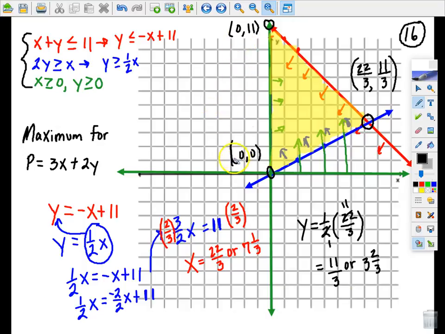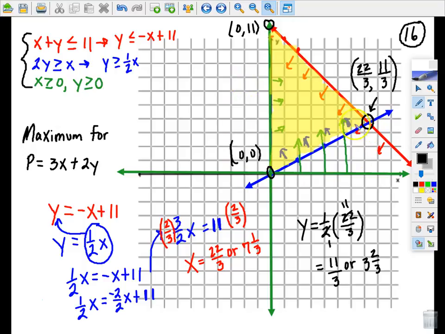You're going to test all 3 of these vertices in this profit function, just like we did previously. The x in for x, y in for y, and you're asked to find the maximum. I'll just go ahead and tell you that the maximum should be this point, but you need to be able to tell me what the actual maximum number is.